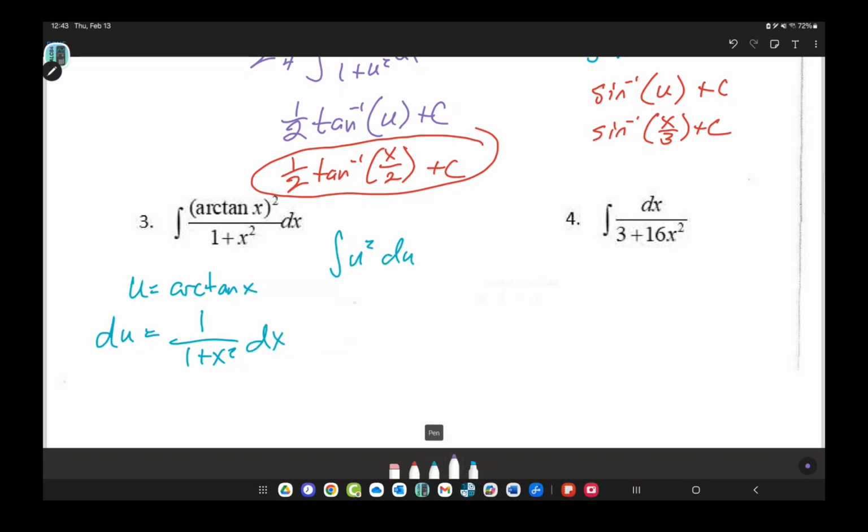So that is 1/3 u cubed plus c. So 1/3 arctangent of x, cubed, plus c. Oh, cubed, right? Or put that in parentheses, you can.